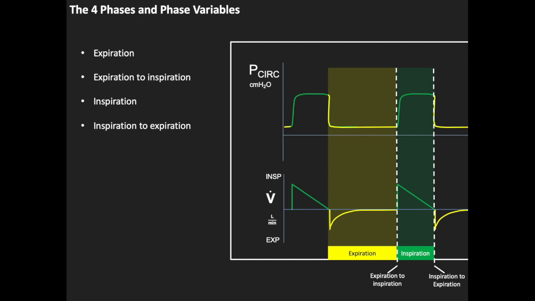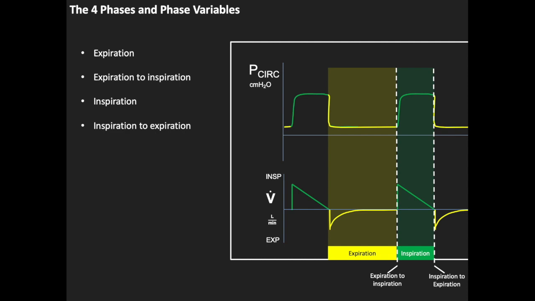These are the 4 phases. This is how a ventilator thinks about the ventilatory cycle. This is the anatomy of the ventilatory cycle. And expiration and inspiration are kind of like periods during which the ventilator has a job to do, while expiration to inspiration and inspiration to expiration are the transitions between the ventilator's different jobs.